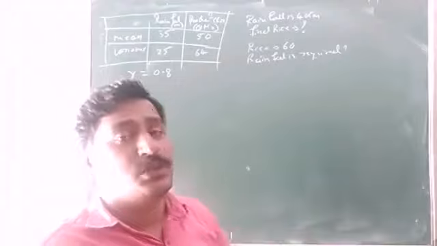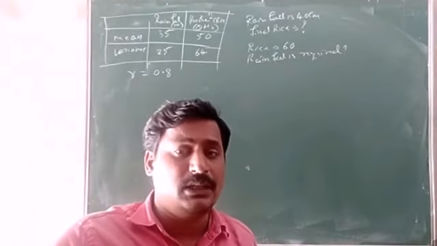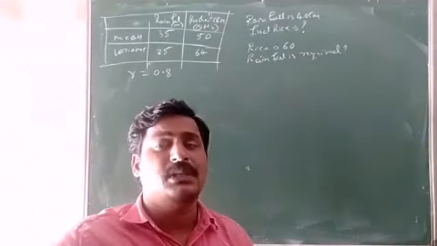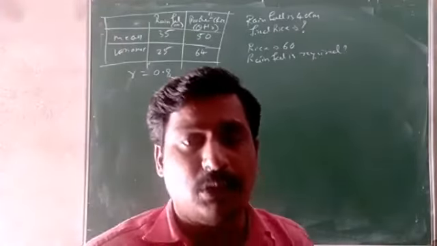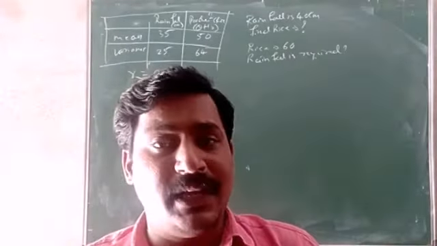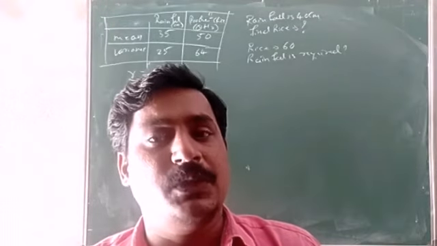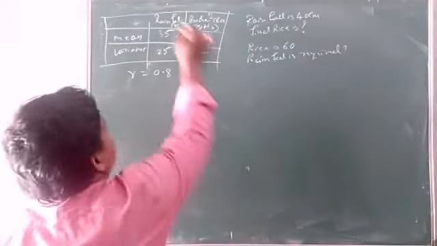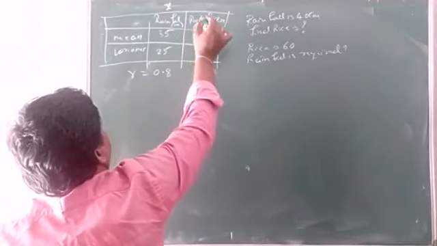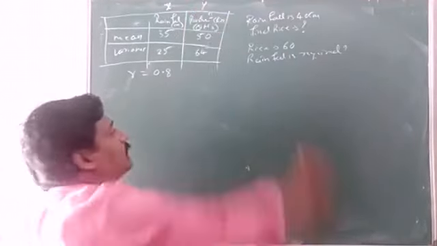And second question, to produce 60 quintals of rice, how much rainfall is required? So for both the questions, which takes x on y and which takes y on x here, when rainfall is denoted as x and production is denoted as y?